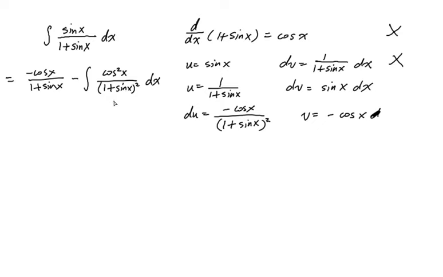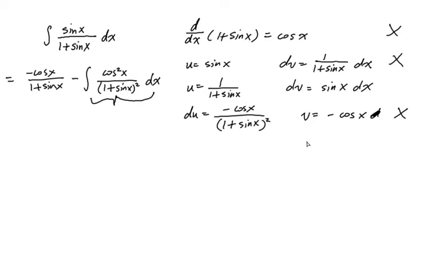We can keep going and maybe try integration by parts for this integral, but actually I don't think it's going to go anywhere. We can try, but I don't think it's a good idea. I'm not going to do it, because this is going to expand and get messy. So I'm just going to stop here and declare that integration by parts is not going to work in this example.